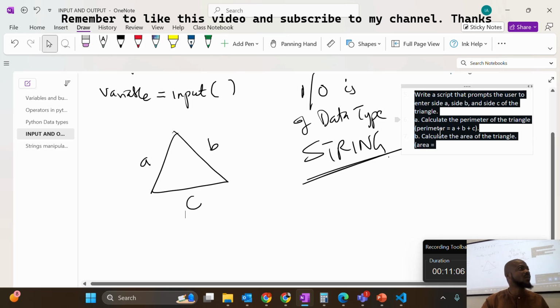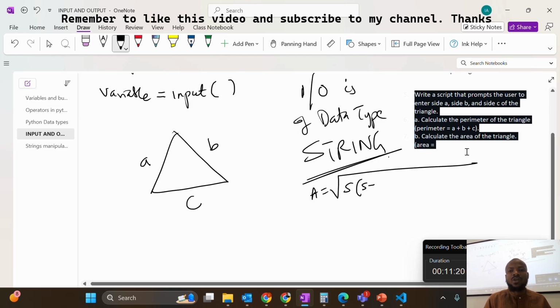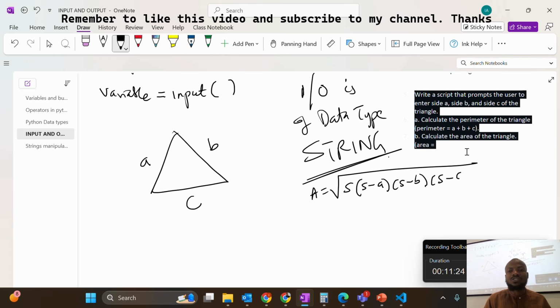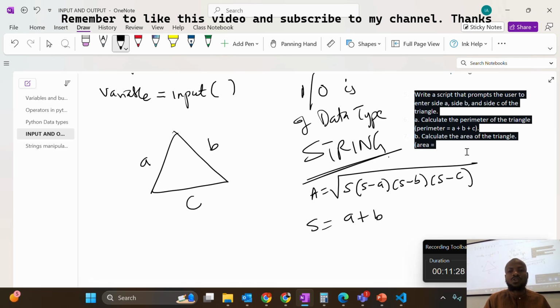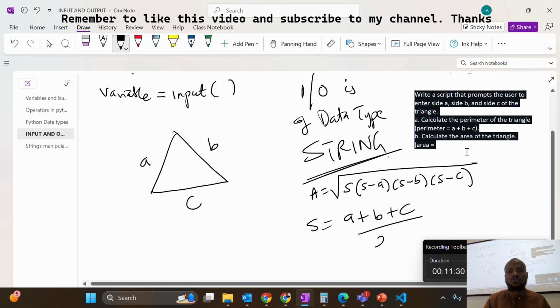And what is perimeter? Side A plus B plus C. Then calculate the area of the triangle, where the area of the triangle is equal to the square root of s(s minus a)(s minus b)(s minus c), where s is equal to (a plus b plus c) over 2.